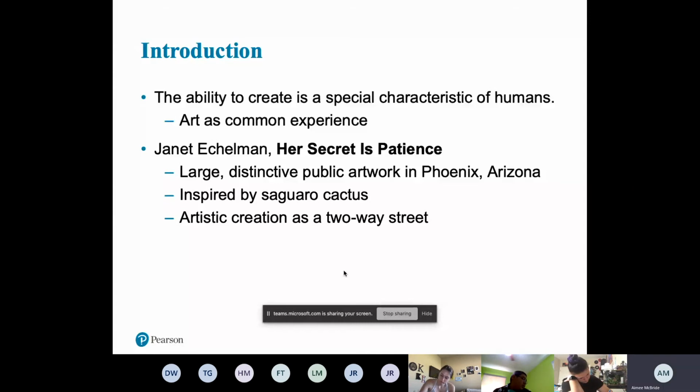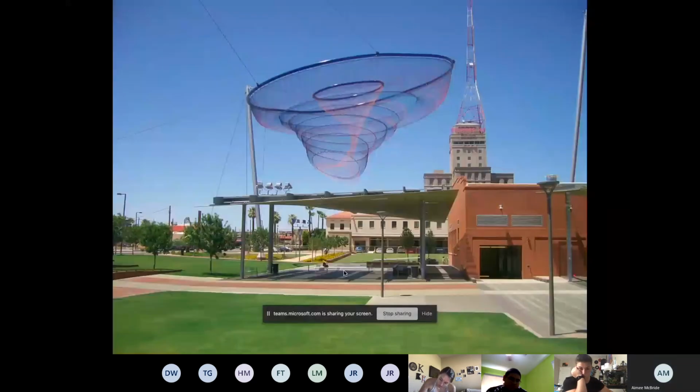It's one of the amazing things about humans. So the way that Janet views a cactus and decides to illustrate it artistically will be different from the way that I might do it. So it's important to keep that in mind throughout the course as we go through it. So next we're going to look at a picture of Her Secret is Patience in the daytime. This is what it looks like during the day.